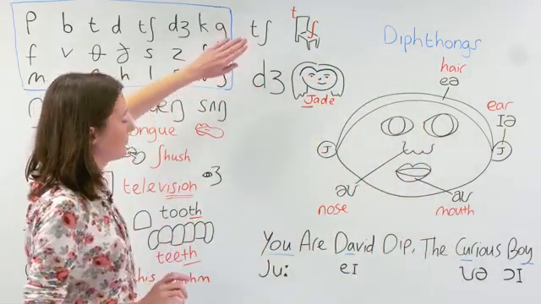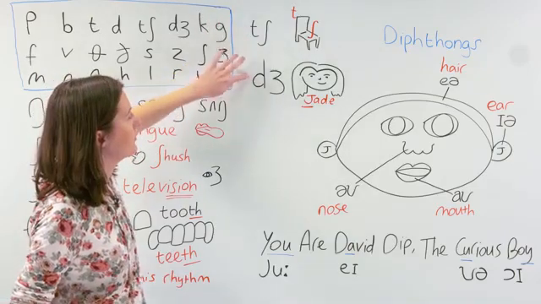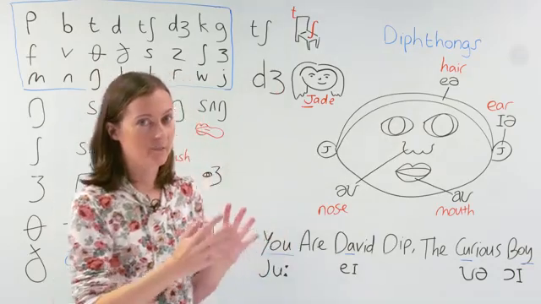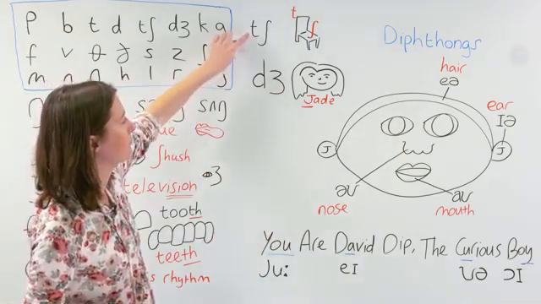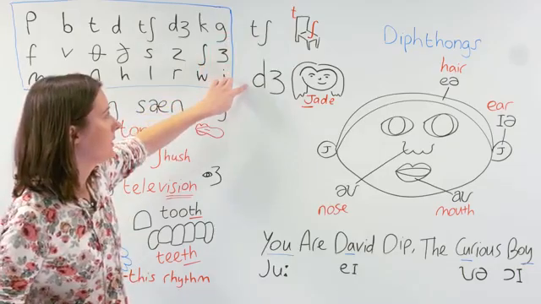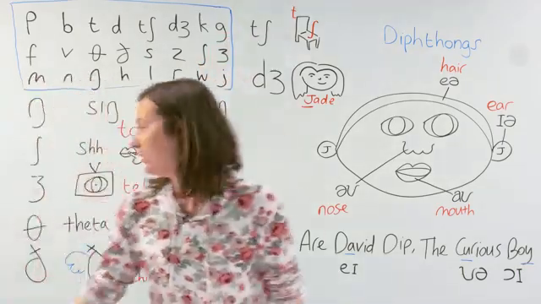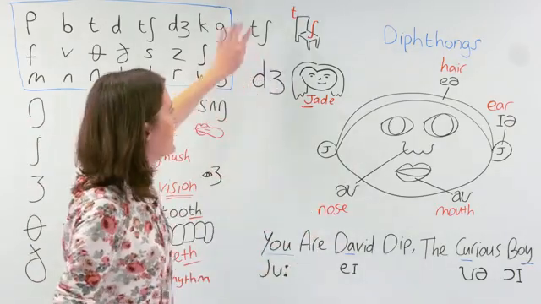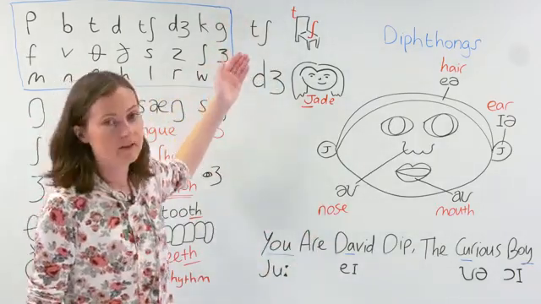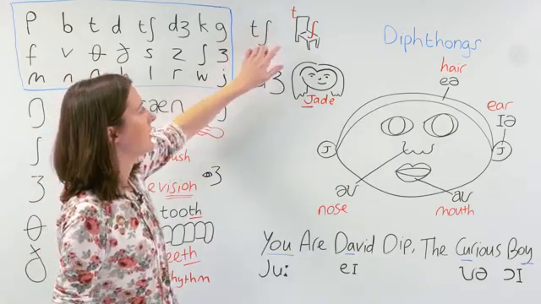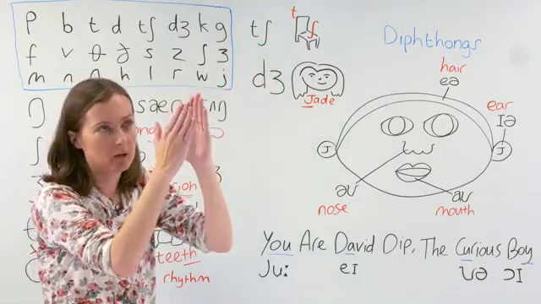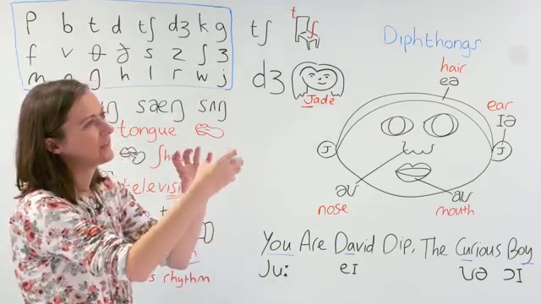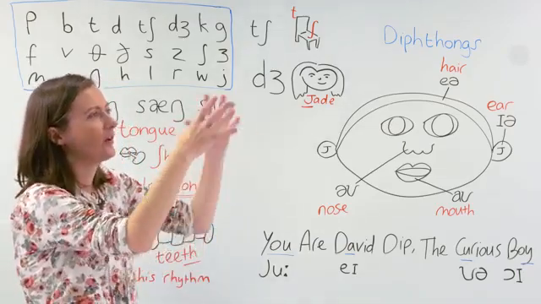Now we have two symbols that are made up of two symbols together. This one and this one are different to these because these are all just one. These sounds show us in their symbols that they're made up of two sounds together. Well, not really two sounds together, a blend, or they're close to that.